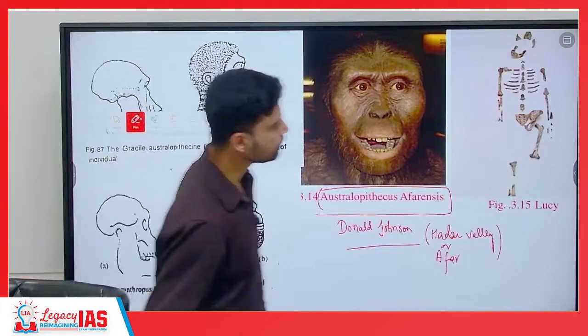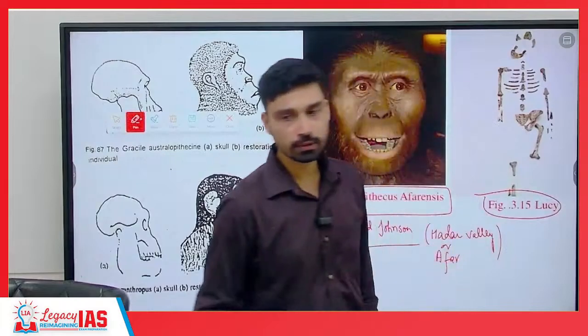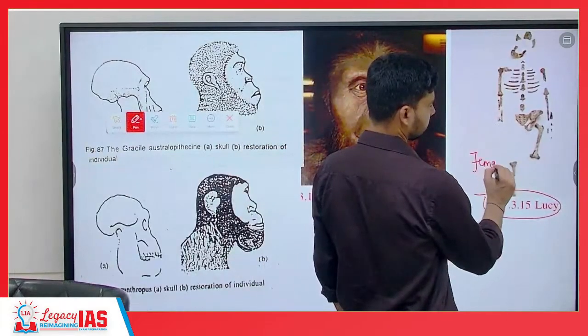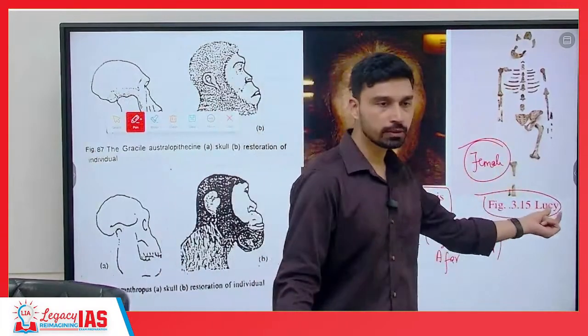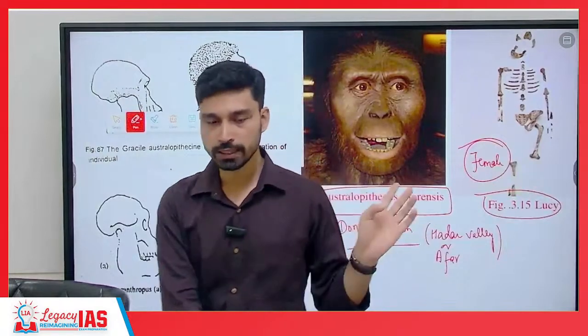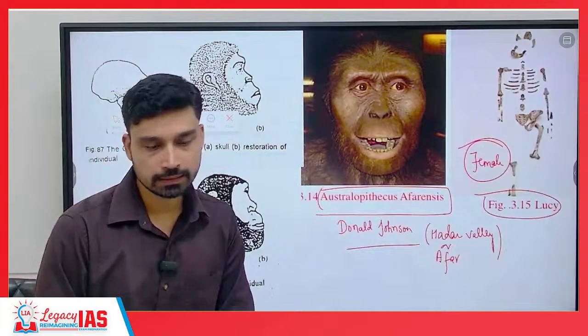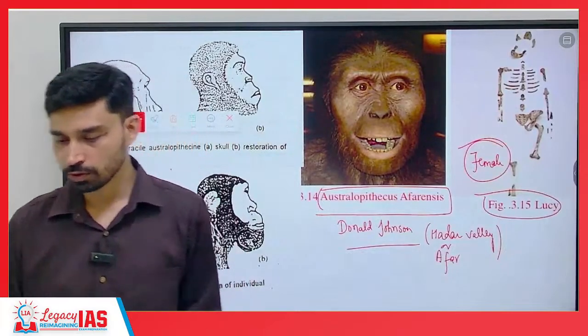This afarensis, later on, examination confirmed that it is a fossil of what? Female. And it was referred as what? Lucy. So that we can write: the fossil was of female and was named as Lucy.